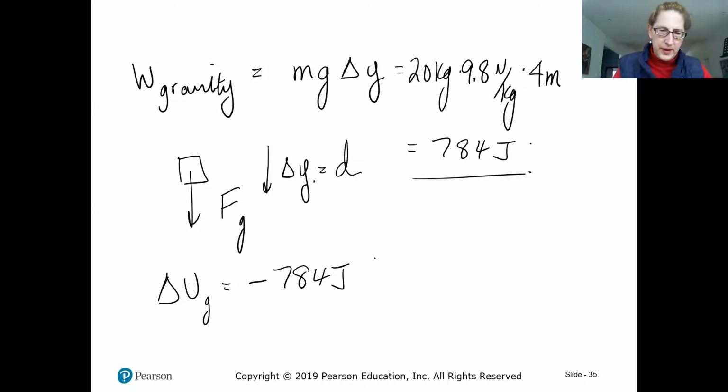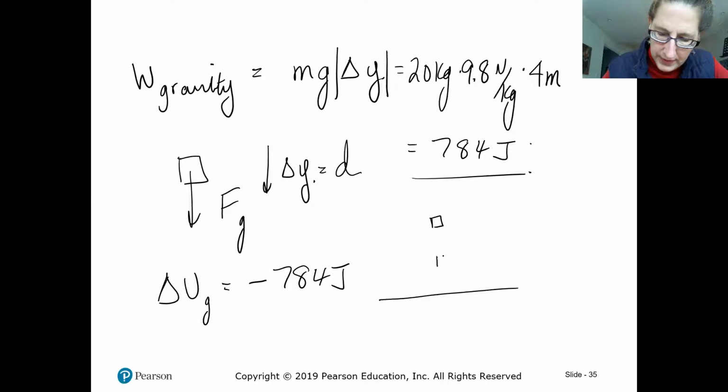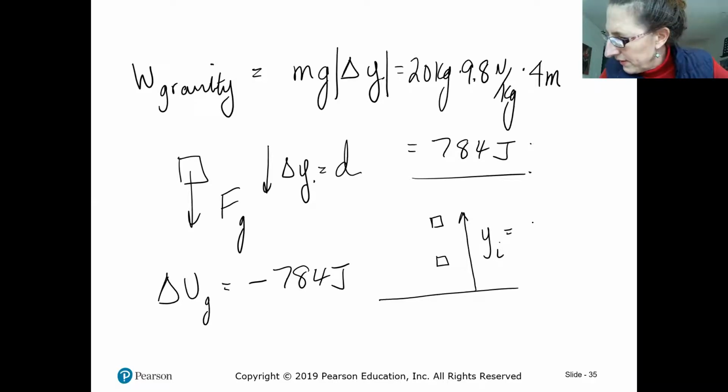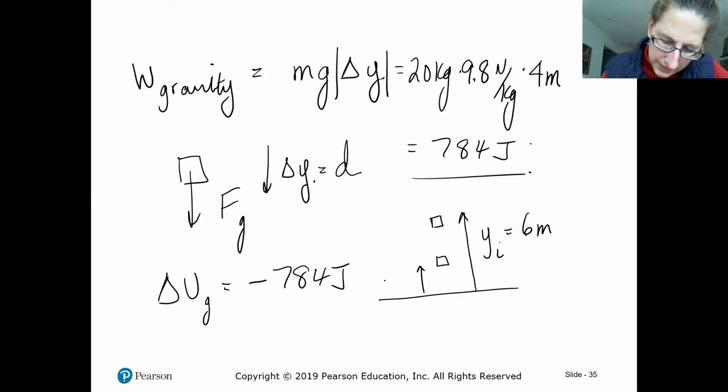I want to do this because you've got to be careful about these y initial and y final and how you're going to do this. So let's just put this up here. y initial is the higher of the two heights, and y final, because remember, you always go initial to final, so it's going down, y final is 2.